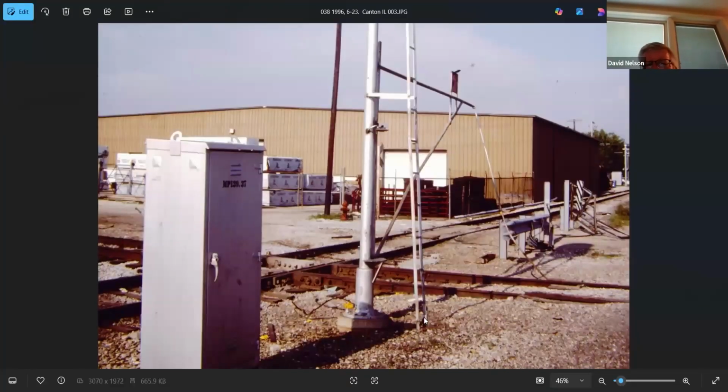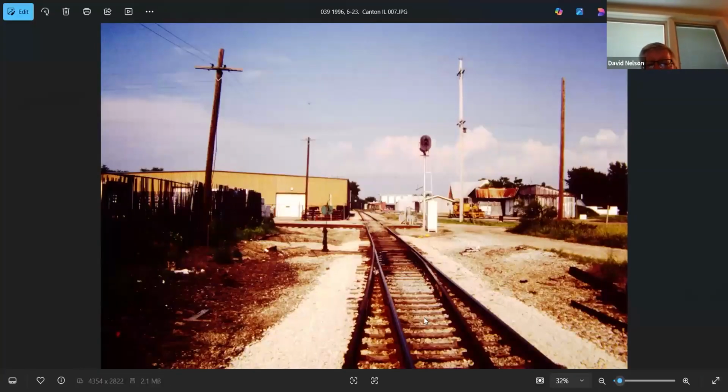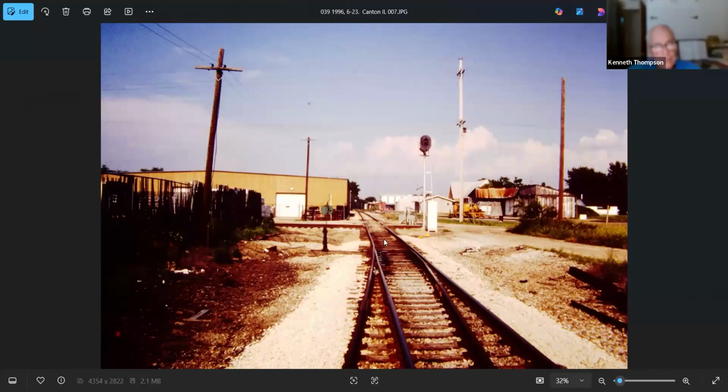So across a somewhat close-up view of the same, you can see the crossing was still in place on this view. But here, when I took this picture, I think we're looking south. Yeah. We're looking south, so we're on the CB&Q. There was an interchange track here, but it was being used just for work train equipment.